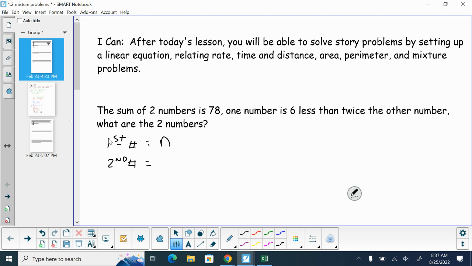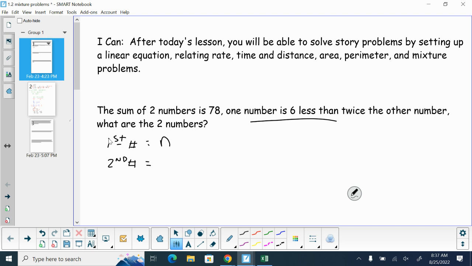We can take a look at our second statement here. It says one number is 6 less than twice the other number. So if this is one number, my second number can be 6 less than twice the other number. Well, what are we doing when I say twice?